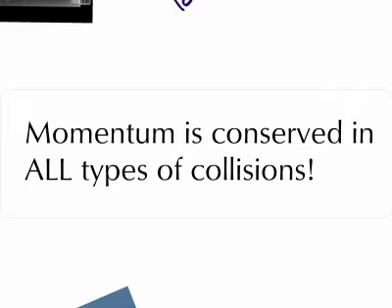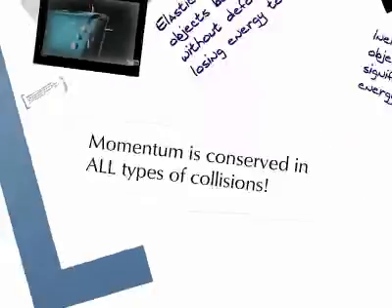In either case, momentum is conserved in all types of collisions, regardless of whether they are elastic or inelastic. This means that the momentum, the mass times the velocity of your objects before the collision, will be equal to the mass times the velocity of your objects after the collision in your closed and isolated systems.